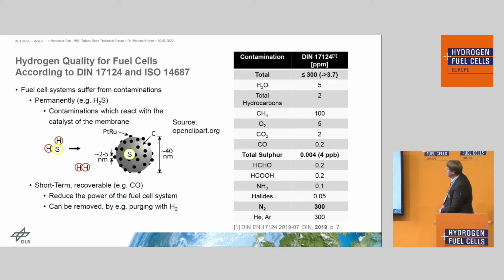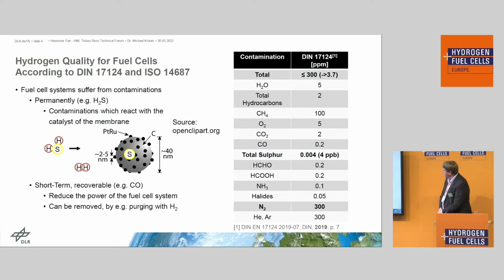So that's the reason why hydrogen sulfide is only allowed at 4 parts per billion in hydrogen. That's really not much. And this is also shown here. That's the 0.004 parts per million allowed in the standard of hydrogen purity, the DIN 17124.